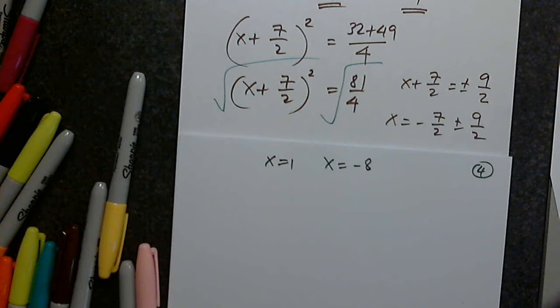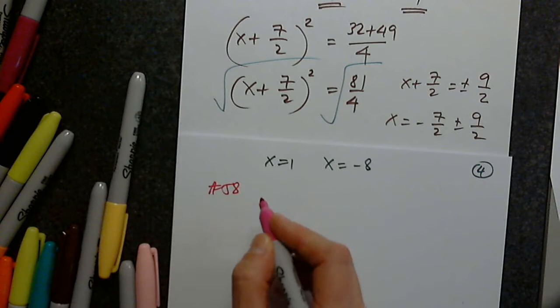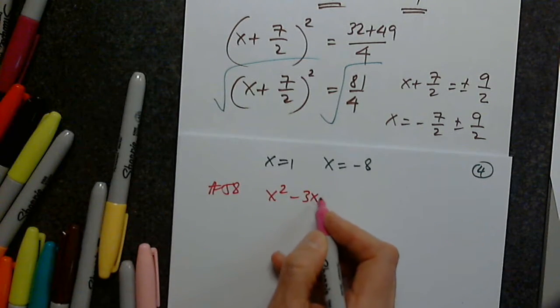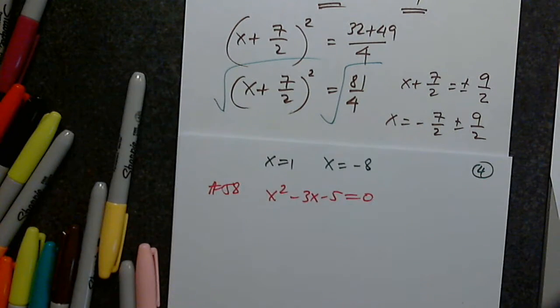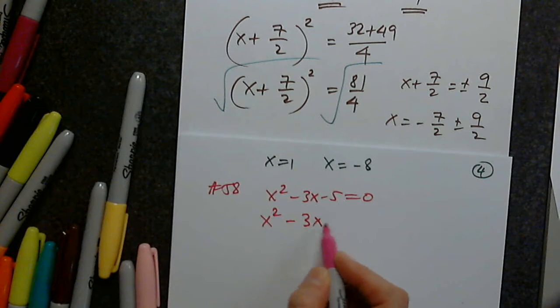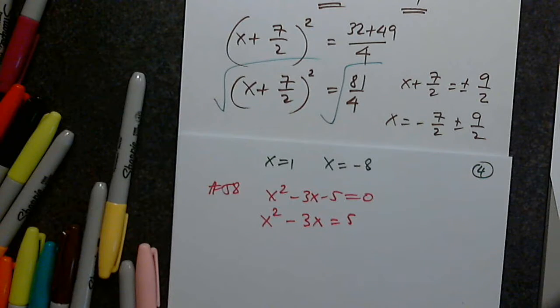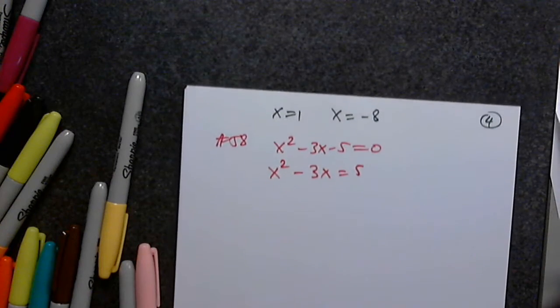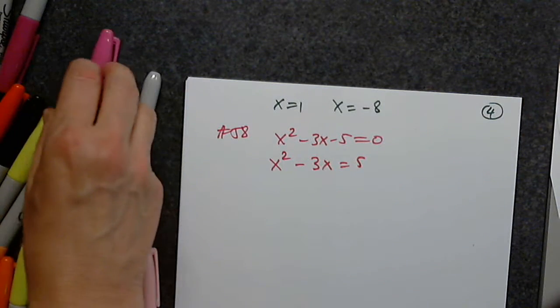So let's do another. Let's say 58. So this is x squared minus 3x minus 5 equals 0. Mana, you had a question? I'll wait till you finish. So if you want to move 5 to the other side from the beginning, it's the same thing. So negative 3 divided by 2. Hold on 1 second.